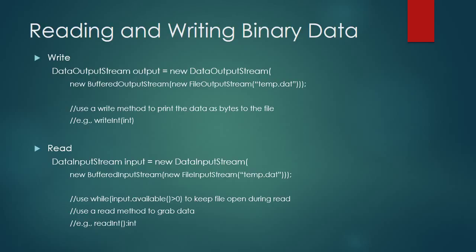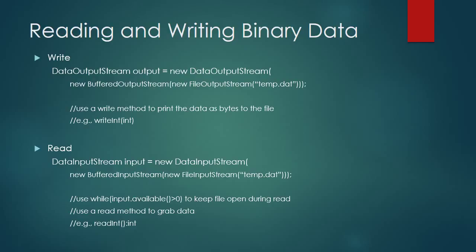When I am doing a read, similar to the scanner object's hasNext, for a DataInputStream I would use input.available() greater than 0 as my terminal statement in my while loop. That statement will allow me to read through a file until I reach the end of the file.